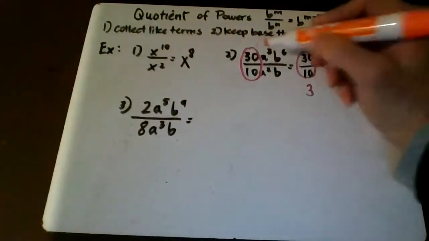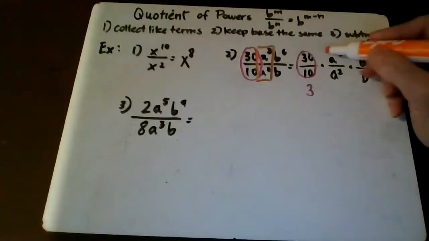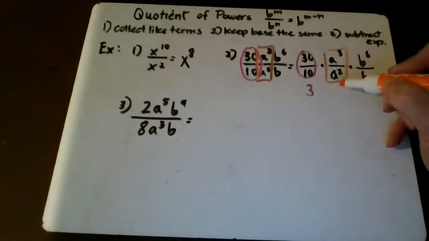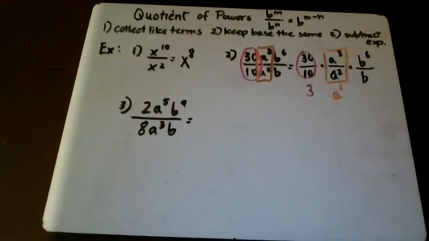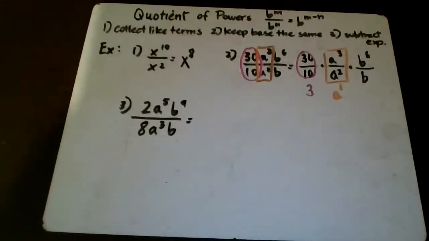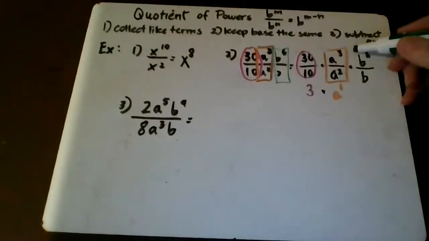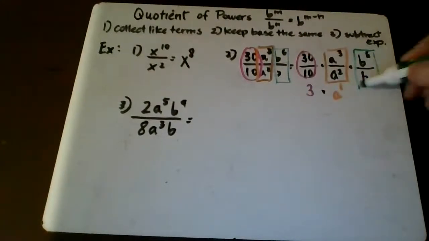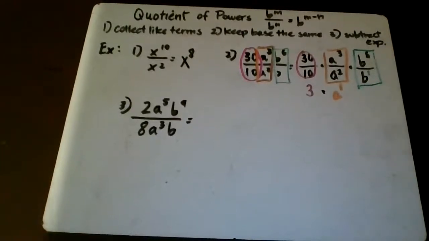Then I have this a to the third divided by a to the second. So a to the third divided by a to the second is a to the 3 minus 2, which is a to the 1. And then last but not least, I have the b's. I have b to the 6th divided by b. There's not an exponent here, so we know if it's not there, it's a 1.